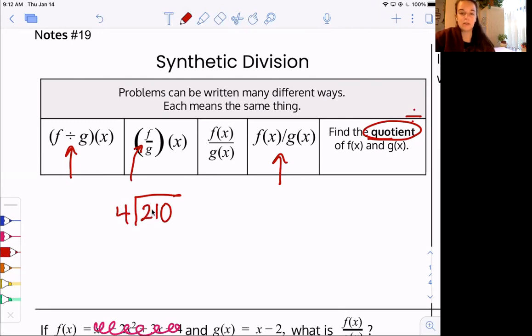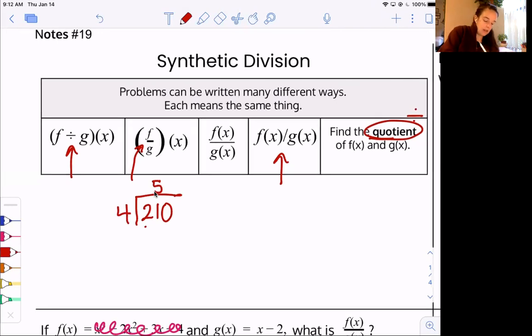No, it's not. So is it going to go into 21? Yes, it is. How many times? It's going to go in 5 times. And then you would say, okay, how many is left over? So we did 4 times 5, that would be 20. And we subtracted the 20 that we had already taken out. And we found the remainder.